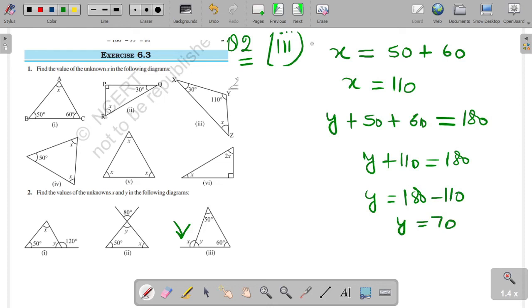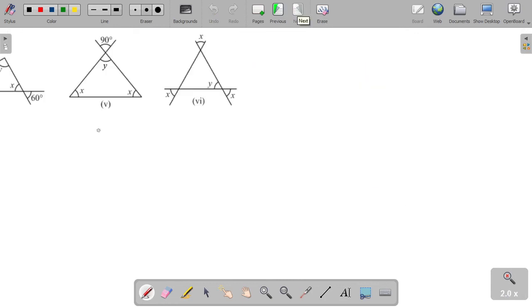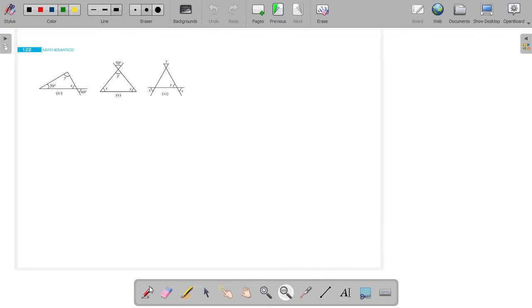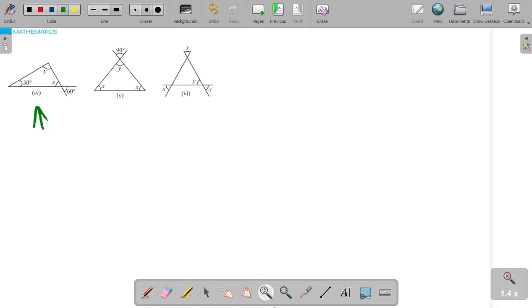Now we move to the remaining parts. Here you can see in these three, let me increase some size. Let me come to this one. Okay, in this one, they are vertically opposite angles. So fourth part, first I say x is equal to 60, reason vertically opposite angle.